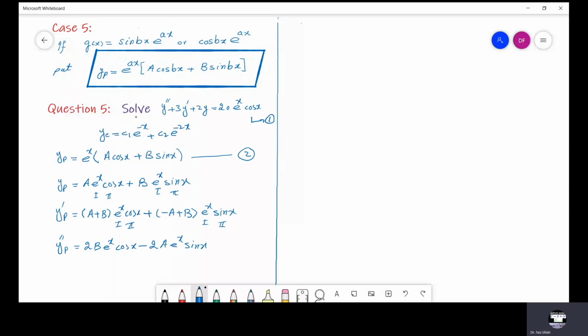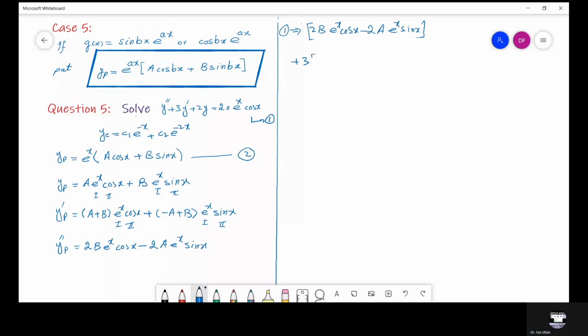Now putting these values in equation 1, we get 2b e power x cos x minus 2a e power x sine x plus 3 y dash.